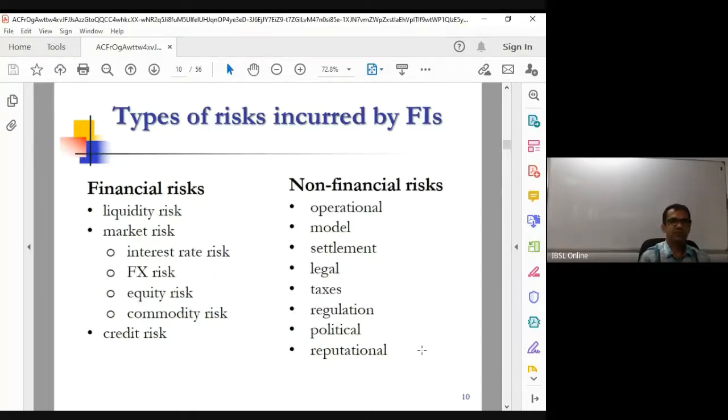So from time to time these terms may change, or these things may be broken up into very small parts. One of these may become prominent. That can happen.